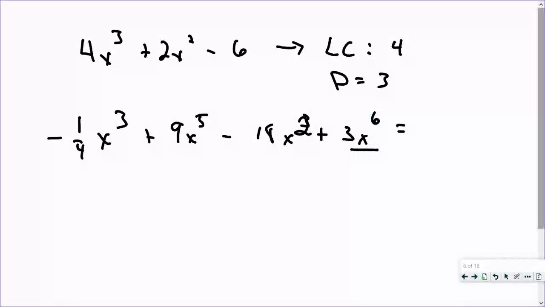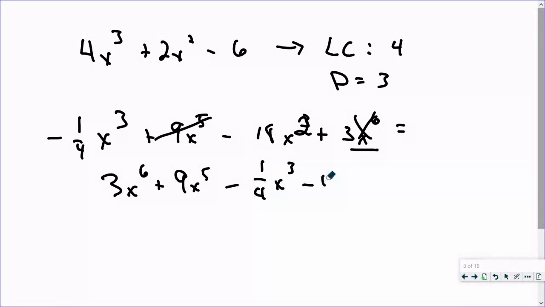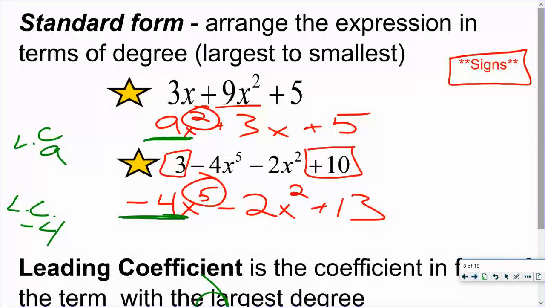So 3x to the 6 goes first. This one will go next. We're using the sign that's right in front of it. The third is ahead of this, so minus 1/4 x to the third minus 18x squared. So that makes 3 the leading coefficient, and that makes 6 the degree of the polynomial.